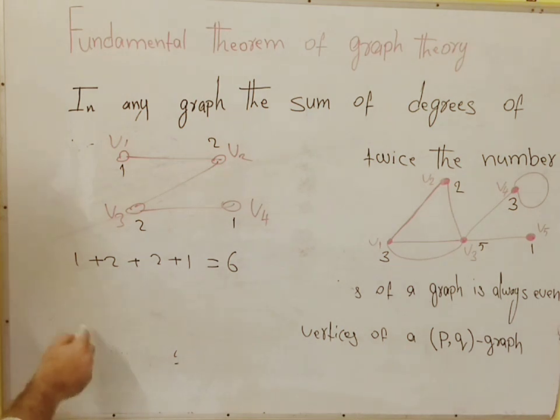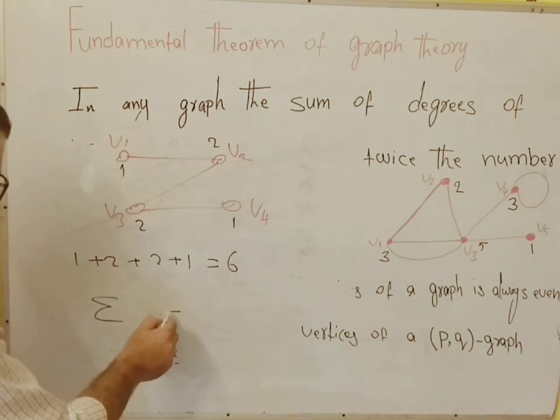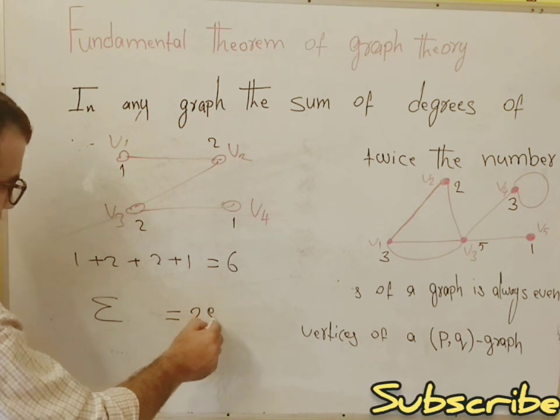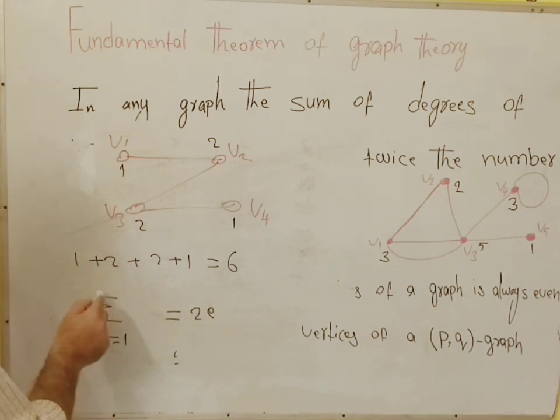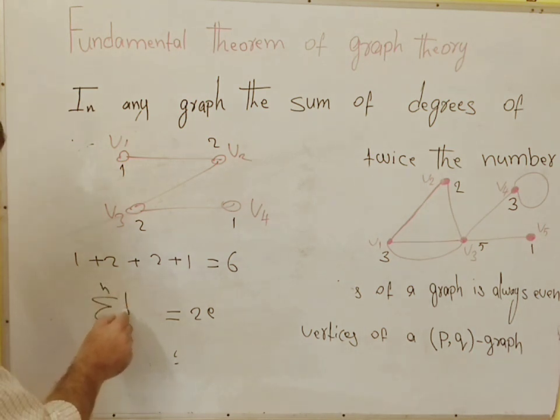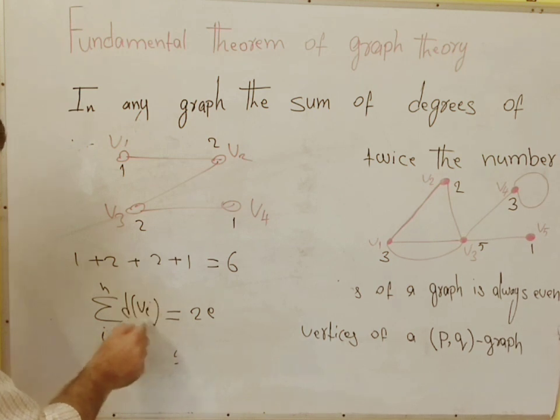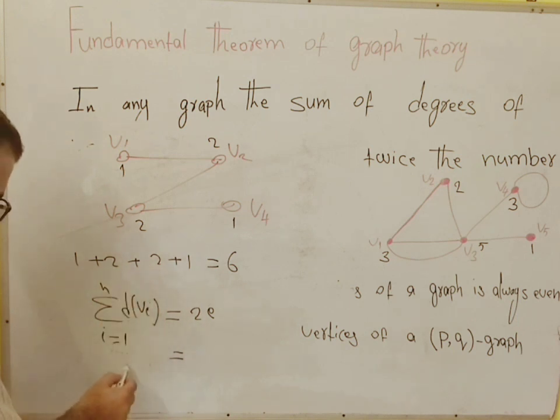The sum of the degrees of the vertices of this graph is equal to 2e. For example, the sum from 1 to n of the degree of vi, as we found here, is equal to 6.